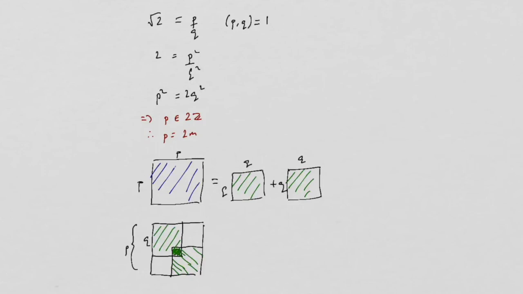Now this is not very well drawn to scale, but because we know that the two green squares, the q squares, should fill the p square, then that means that this little square here that was in the middle must be equal to these red squares added together.